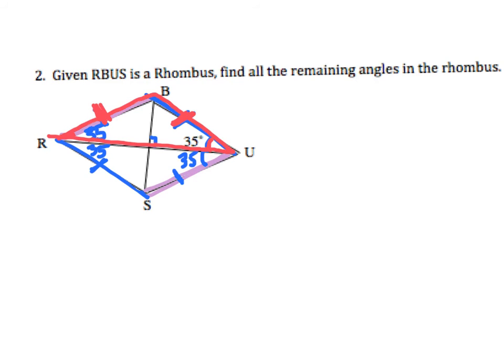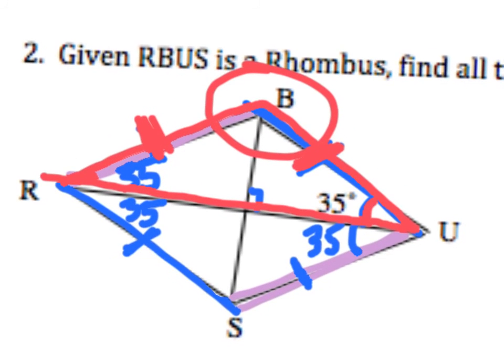And then again, just to find the rest of it, I'm going to take that triangle RUB and figure out the angle RBU by taking 180 and subtracting 35 and 35 to get 110. So that's this whole entire angle. But all I want is to find each part of it, so I'm going to take 110 and divide it by 2, because I know diagonals are going to bisect the angles that they intersect.